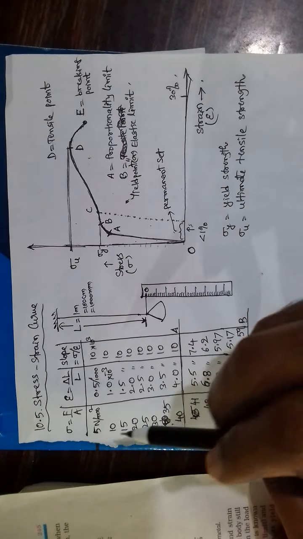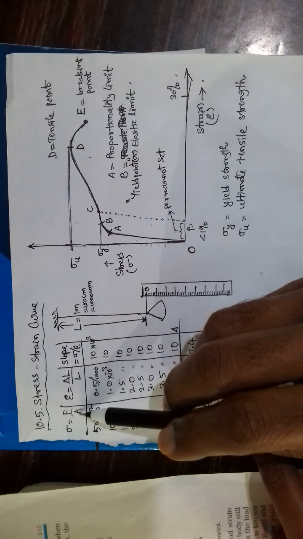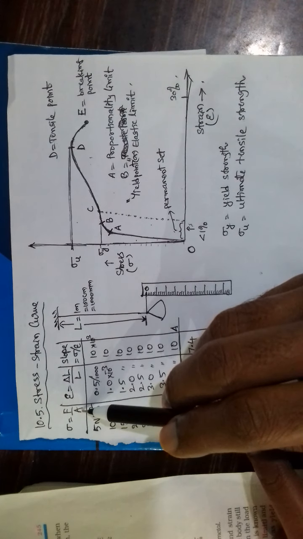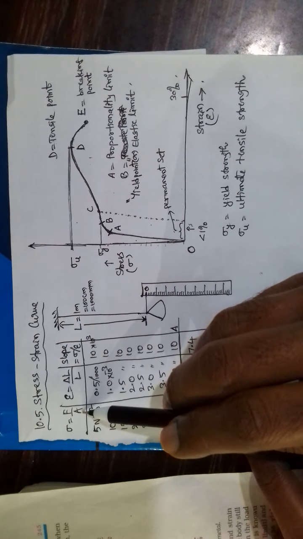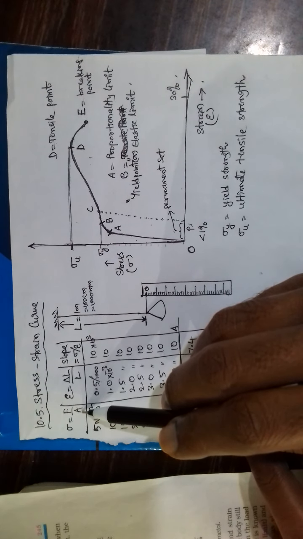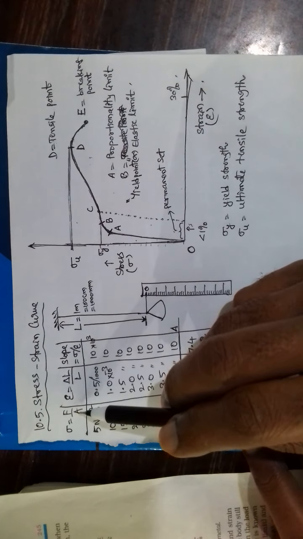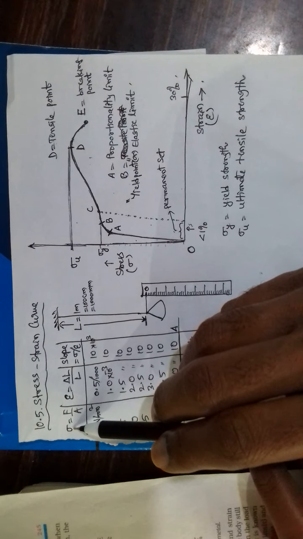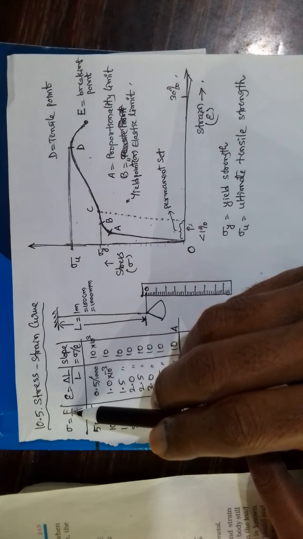So here stress is equal to force by area. In the denominator, area is there. See, the area of the given wire will be constant. So the stress increase will be nothing but force increase.